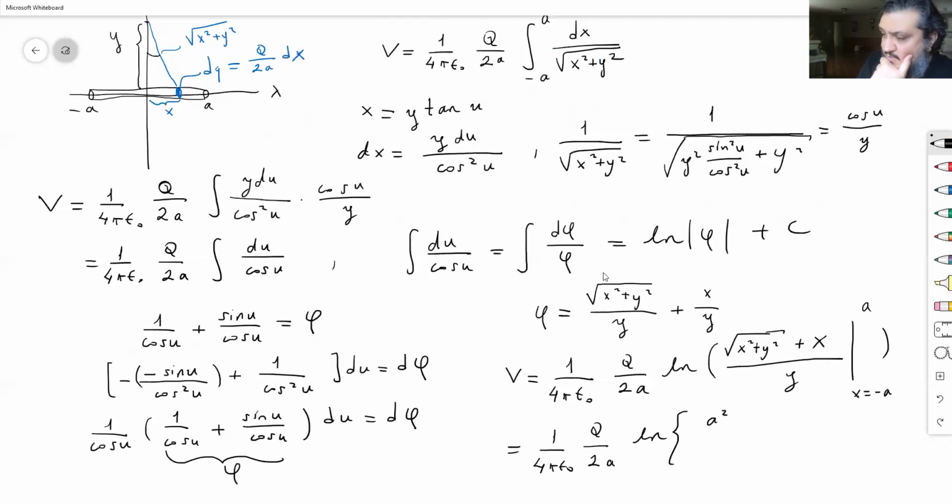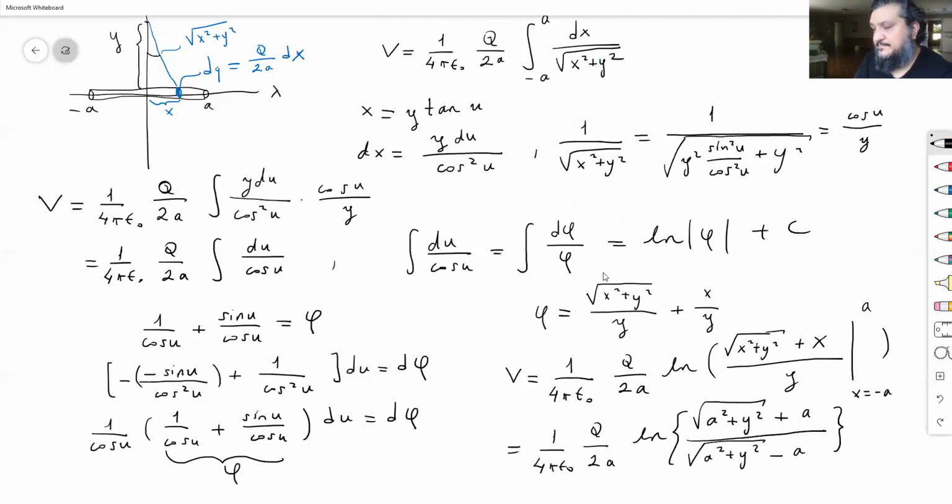So the square root of a squared plus y squared plus a, divided by, same thing with the negative now, the square root of a squared plus y squared minus a. Okay, this is our potential at y.